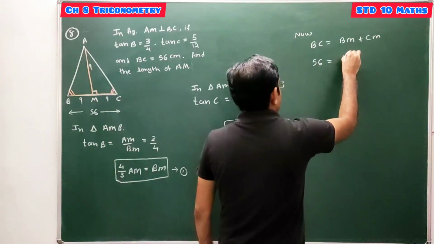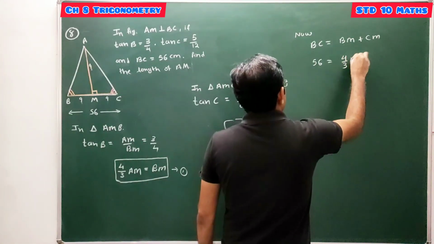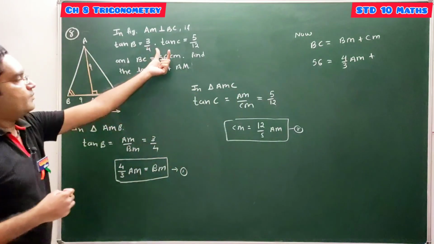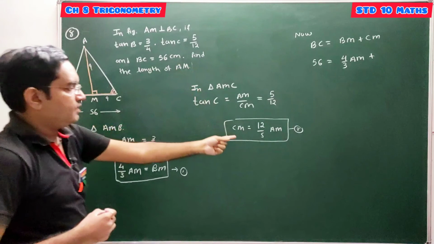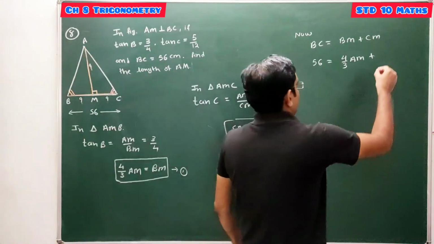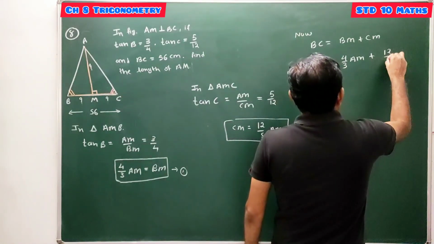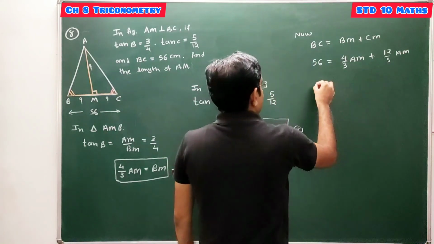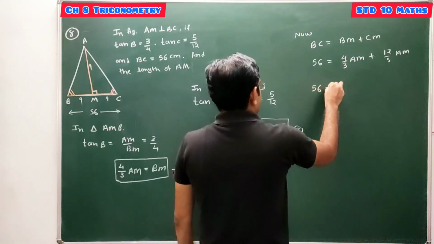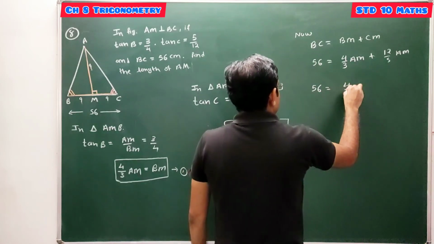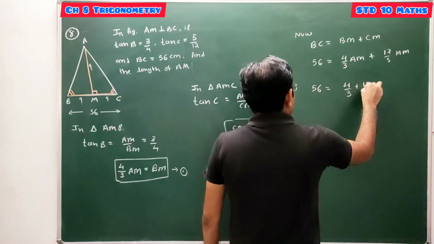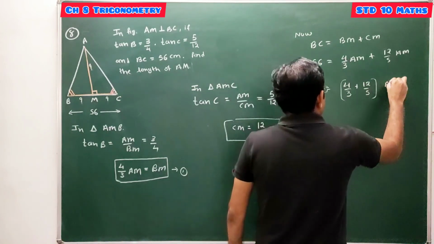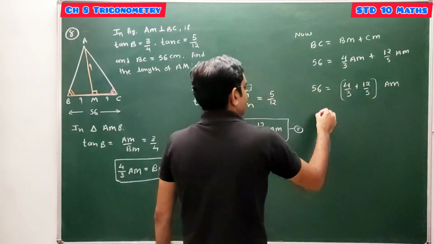So this one is 4 by 3 AM plus CM. We have derived CM from tan C, which is 12 by 5 AM. So now here we can take AM common. So it's 56 equal to 4 by 3 plus 12 by 5 into AM.